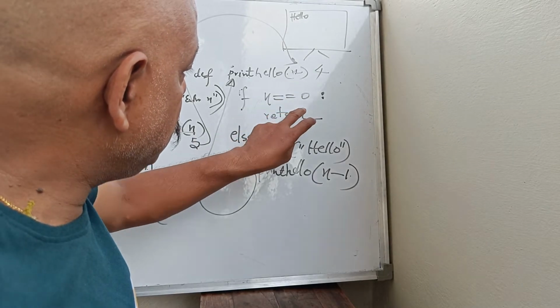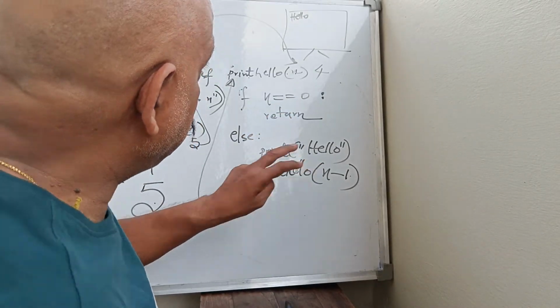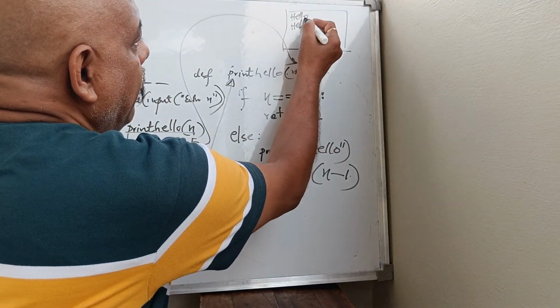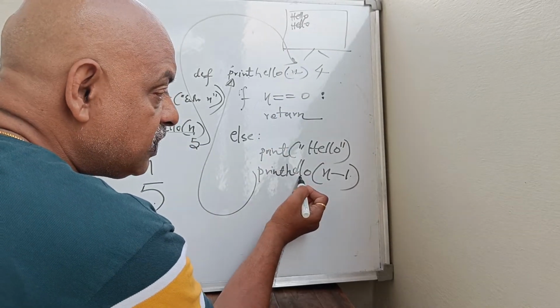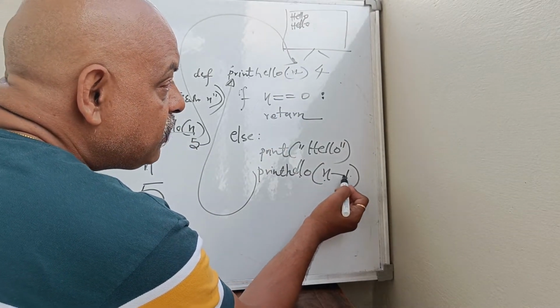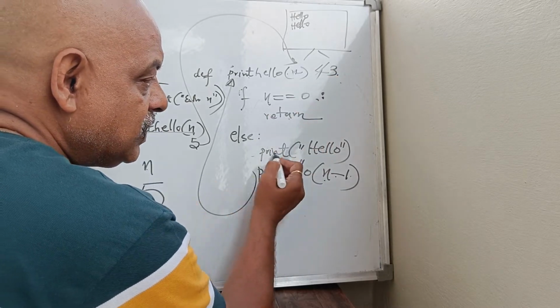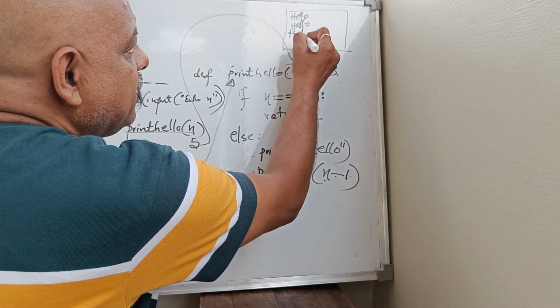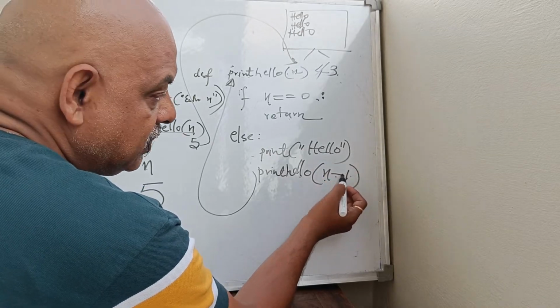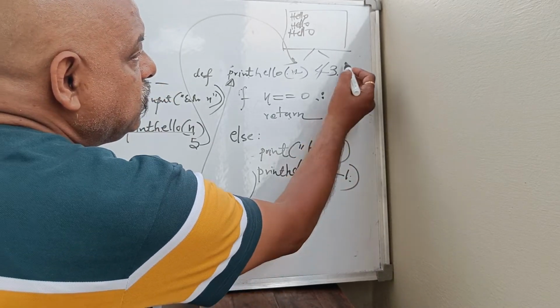Is 4 equal to 0? False. Hello will be printed. Now 4 minus 1, 3. Is 3 equal to 0? False. Hello will be printed. Now 3 minus 1, 2.